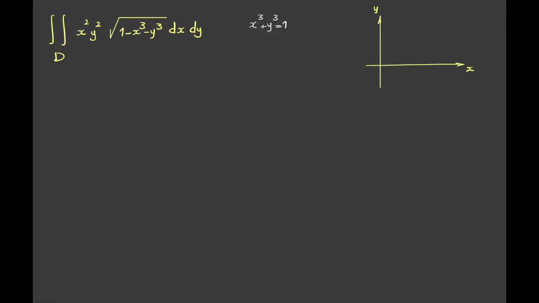And then I realized that the point with coordinates (1, 0), as well as the point with coordinates (0, 1), both of them actually satisfy the equation of this curve. If you replace x with 1 and y with 0, this equality holds. The same is true the other way around. So this means that these 2 points definitely lie on this curve, and it is easy to highlight them.